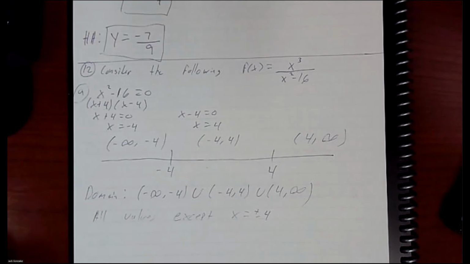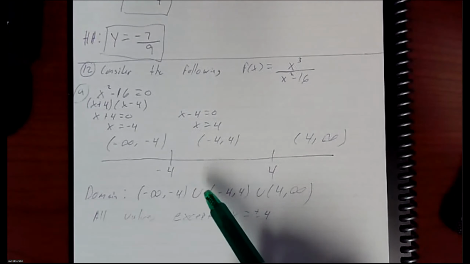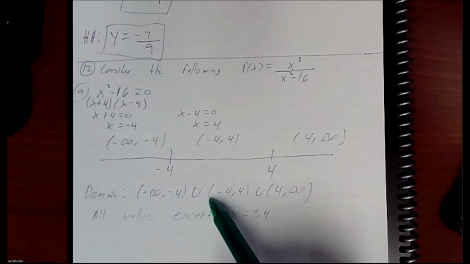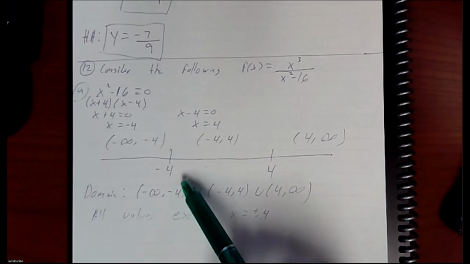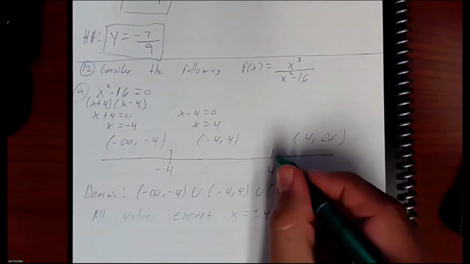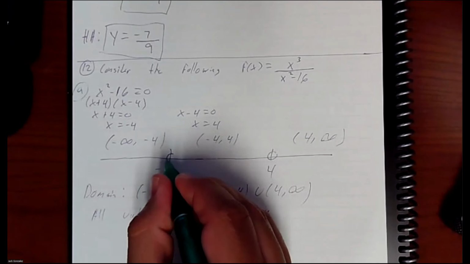When we're writing for the domain, say, for example, that first section there, -infinity to -4, would that be a bracket, or does it just stay as a parenthesis? It has to be parentheses on the -4 and 4s, because those are not included, so you have asymptotes here.